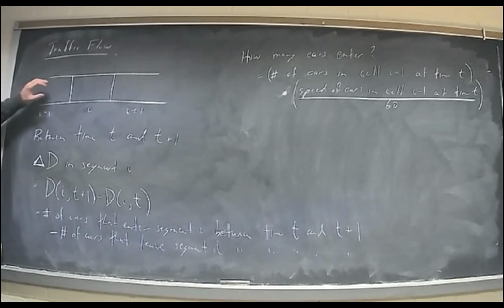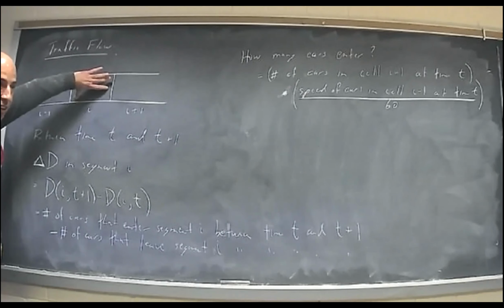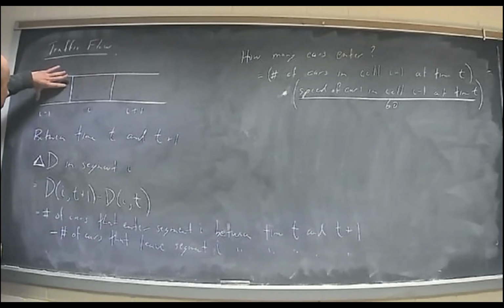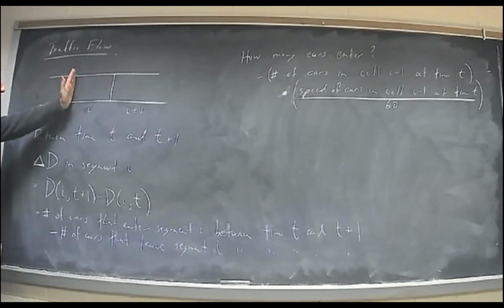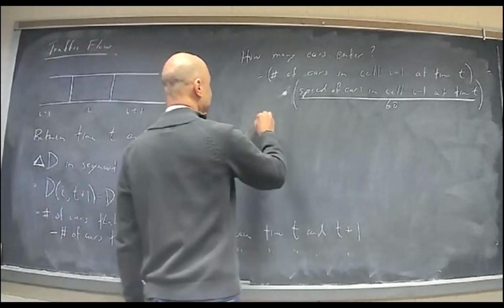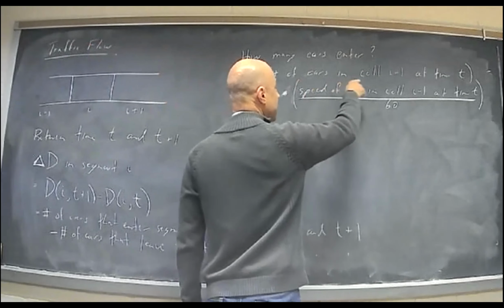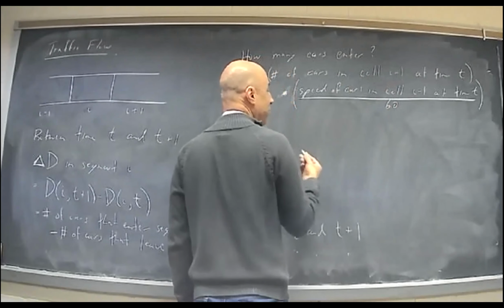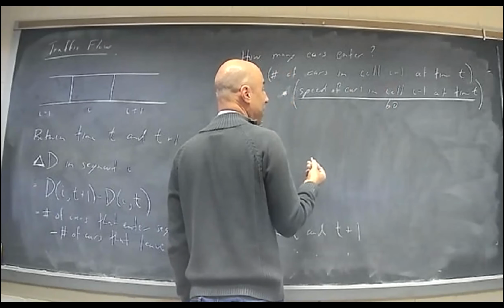So at 60 miles per hour, all the cars in this 1 mile stretch are going to move into this 1 mile stretch. At 30 miles per hour, half of them will. At 20 miles per hour, a third of them will, and so on. So let's write this a little bit shorter. The number of cars in cell i minus 1 at time t is the same as the density of cars in cell i minus 1 at time t.